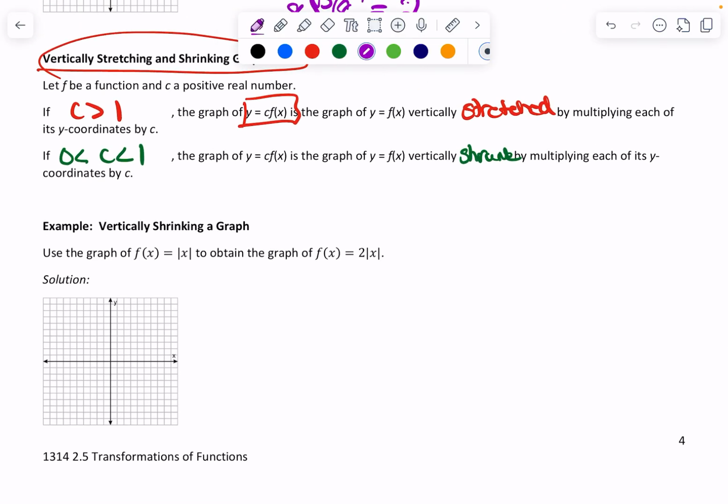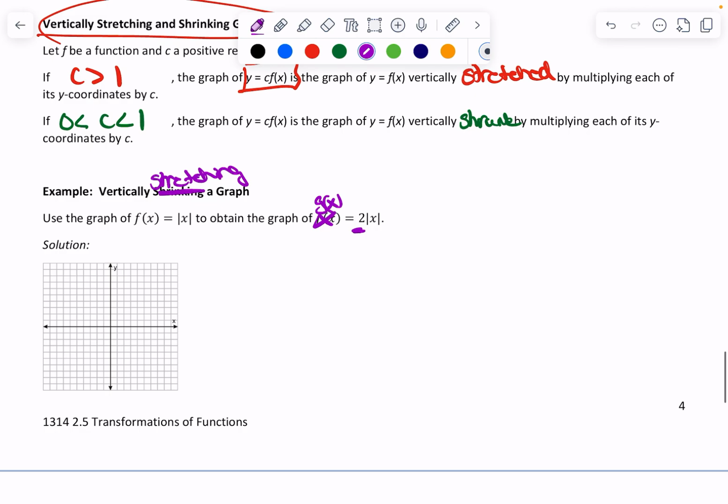Okay, in this next example, we are vertically stretching. And this should be g of x because the number is 2. So it's greater than 1, and that means that we're stretching. We already graphed the absolute value function, so we know we've done the table. So we know that it looks something like this.